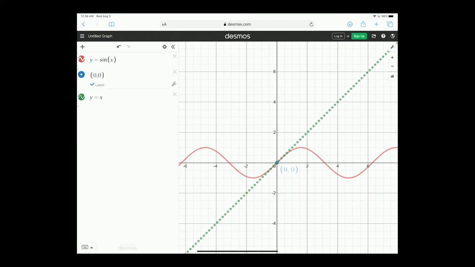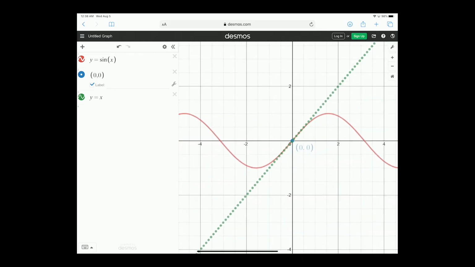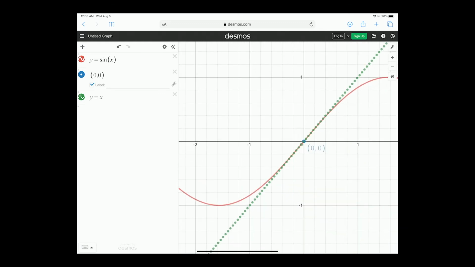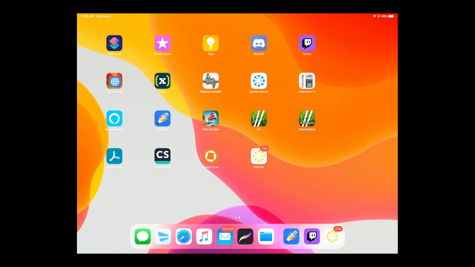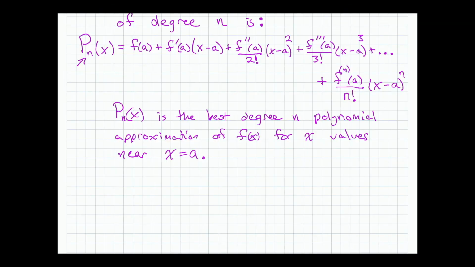But over here at x equals 0, the functions are very close together. So whether they're far apart or close together depends on how close you are to the point where you actually did this approximation. And so we did it at 0, or at least I did. I didn't tell you that, but we did it. All right, so let's go back to our notes here.